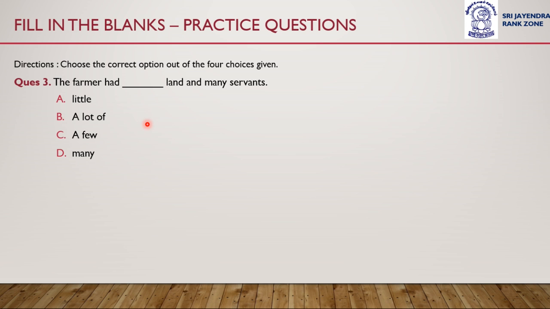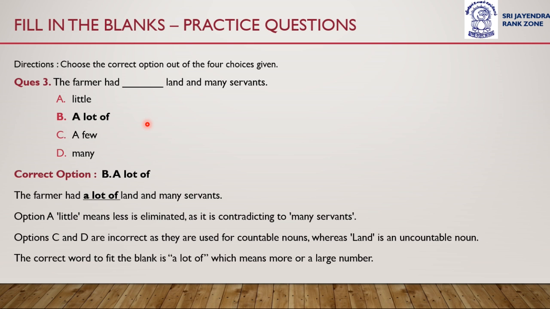So the answer is a lot of. The farmer had a lot of land and many servants. This will be the correct answer. Option A, little, means less, and is eliminated as it contradicts many servants. Options C and D are incorrect as they are used for countable nouns, whereas land is an uncountable noun.